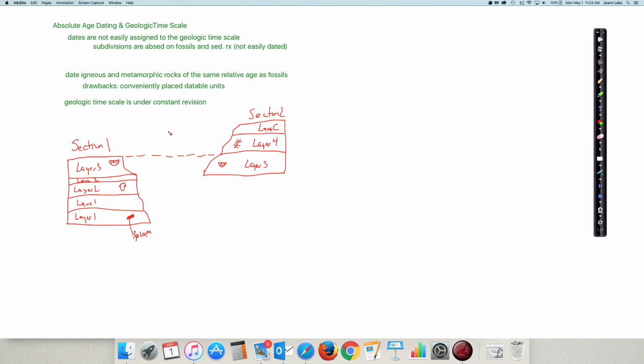This fossil also tells us that we're going from the Devonian to the Carboniferous periods, because that fossil is correlated amongst those two.